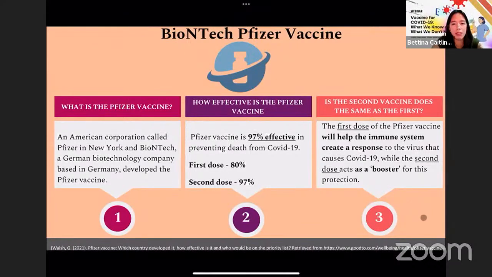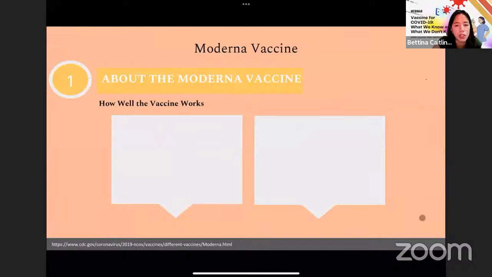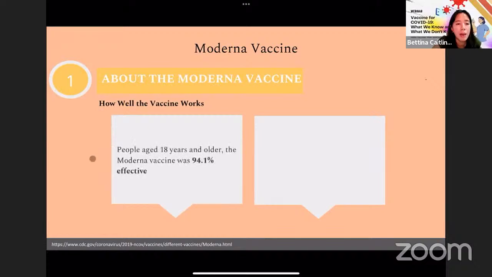After the Pfizer vaccine, let us now continue to the Moderna vaccine. How well does this vaccine work? Based on clinical trials, in people aged 18 years old and older, the Moderna vaccine is 94.1% effective at preventing laboratory-confirmed COVID-19 infection in people who received the two doses and had no evidence of being previously infected by the virus.